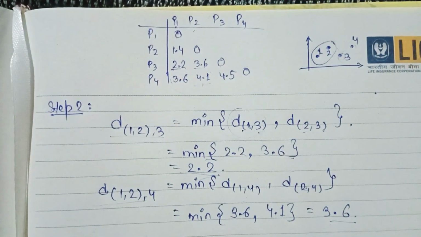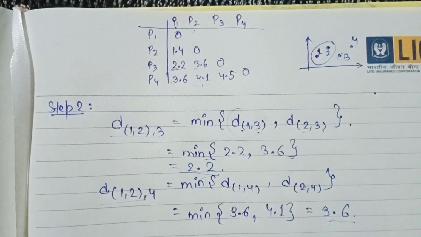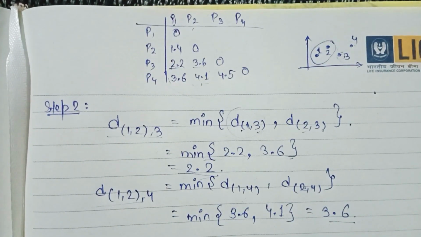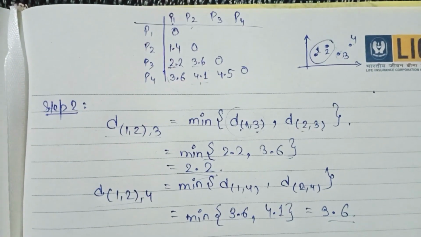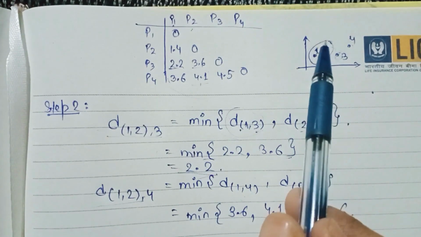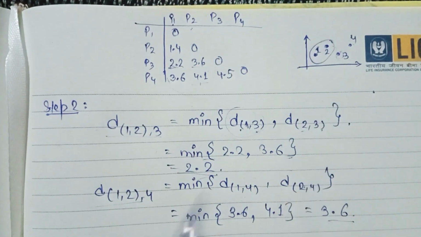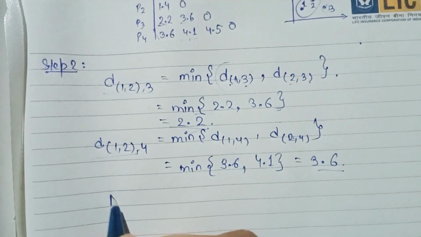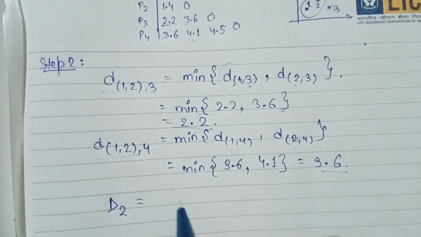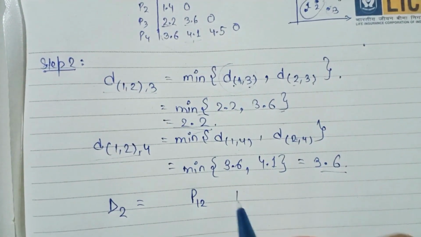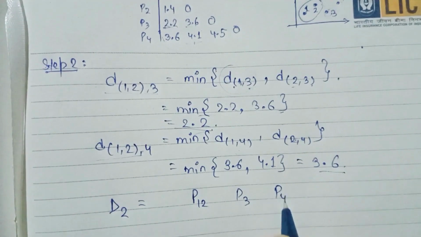Now our initial adjacency matrix, the distance matrix, will change as we just formed a cluster with these 2 points. Let's say the matrix is D2 and the points will be P1 2, P3, P4.